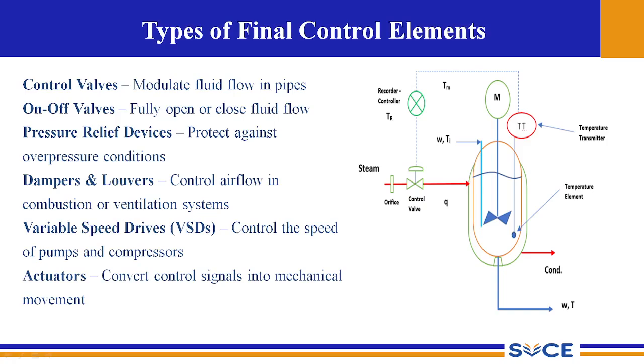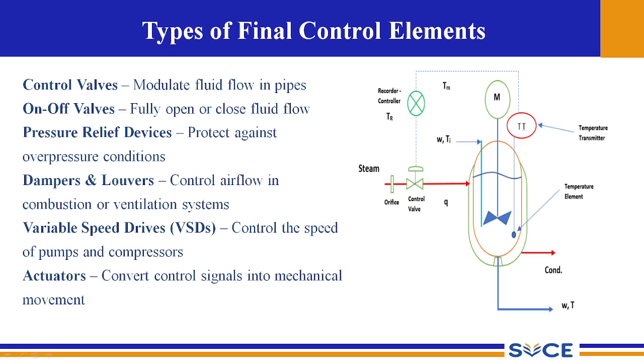So now we will discuss the various types of final control elements. The first type of final control element is the control valve. The control valve serves to modulate the fluid flow in the various pipelines. Then on-off valves are another type of final control element, which will fully open or close the fluid flow.